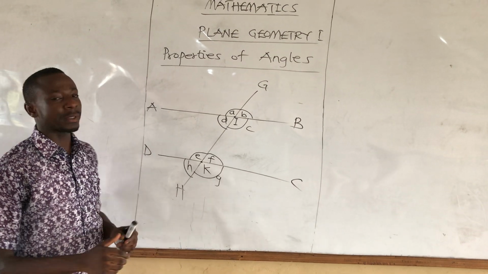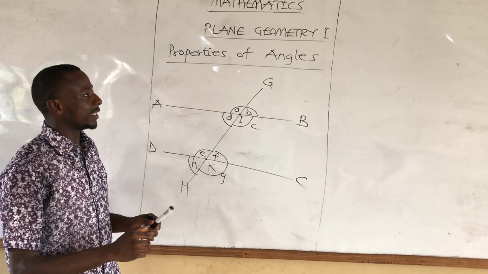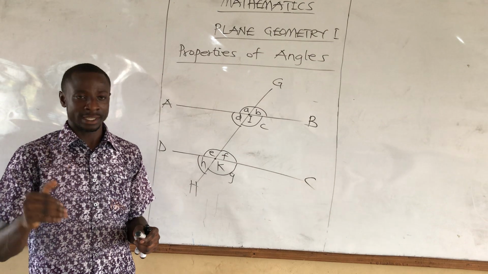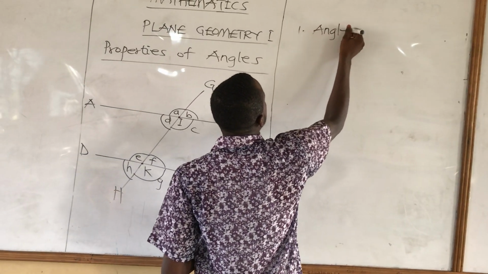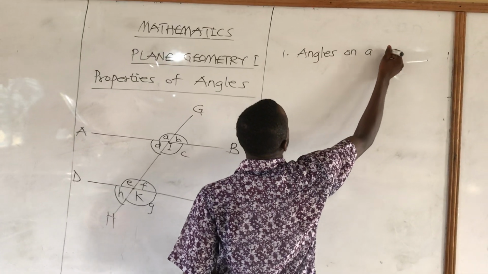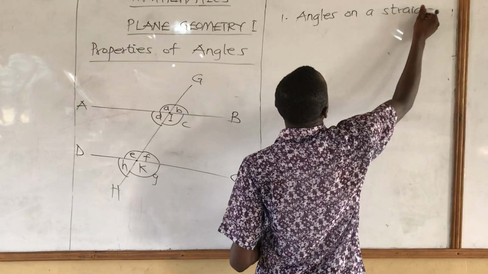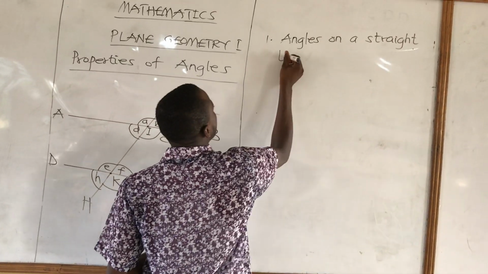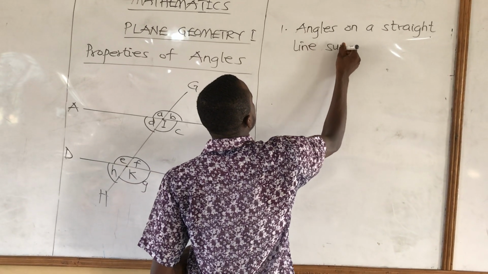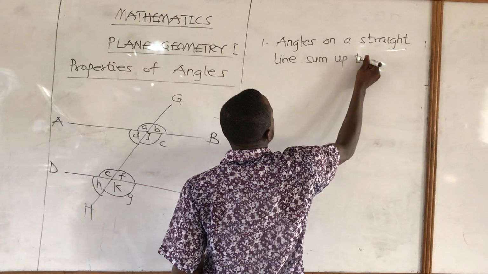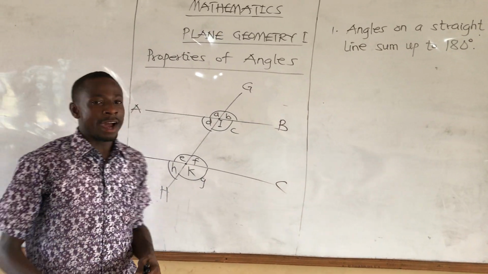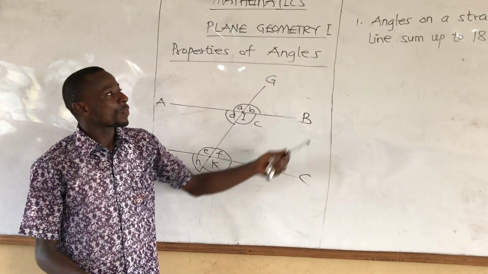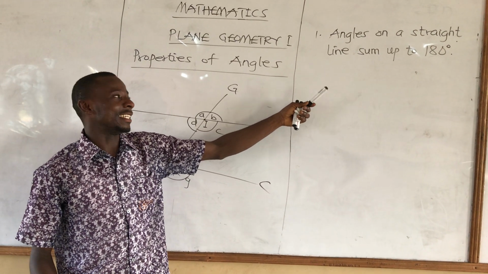Now, the first property we want to look at is angles on a straight line. Angles on a straight line sum up to 180 degrees.